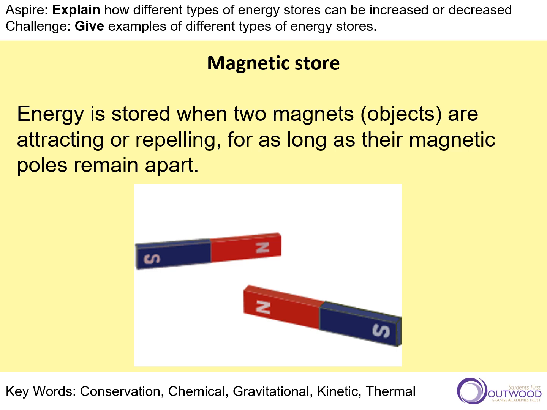Then if you put a north and south close together but not touching, you can feel that they're trying to move towards each other, and you physically have to exert a force the other way to make sure that they don't. So you're trying to pull them back, so they're not attracting. As long as they remain apart, there's a force. As soon as they touch each other, though, that north and south pole, there is no force. There's no magnetic energy store at that point. So that's the idea of the magnetic energy store.